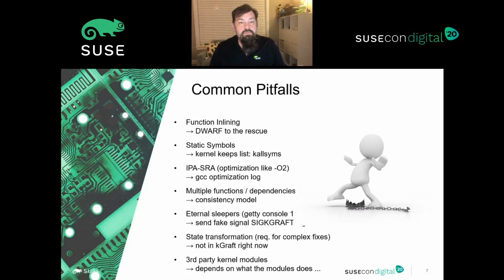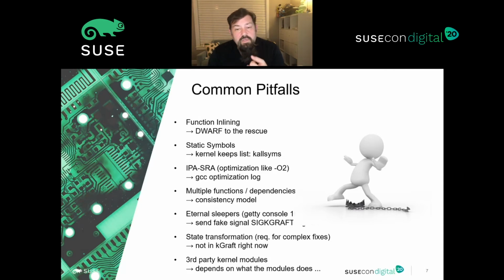While it's efficient for some environments, it makes it difficult to patch, because I'm patching known functions and all of a sudden there's 15 other functions that were copies of it that I also have to take care of. This is where DWARF is used, and DWARF is really a solution to do a stack unwind to verify that we have all of the functions that we need to patch.